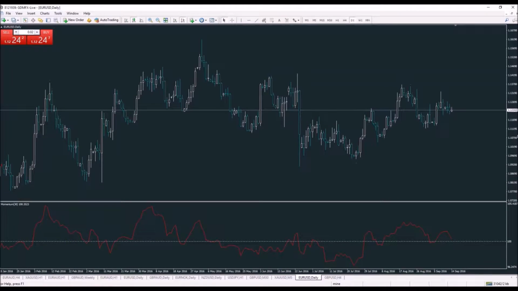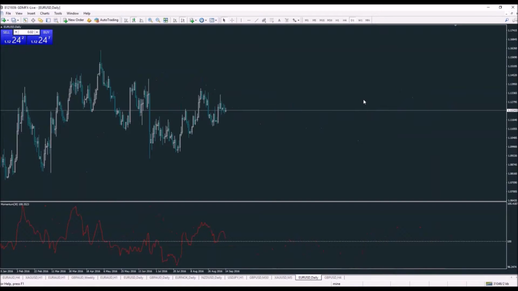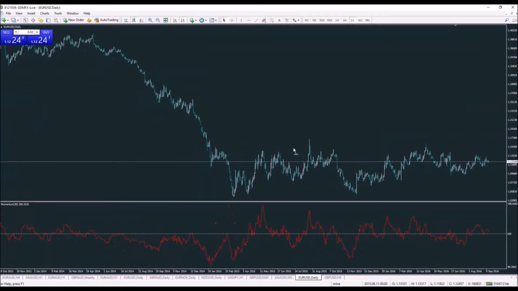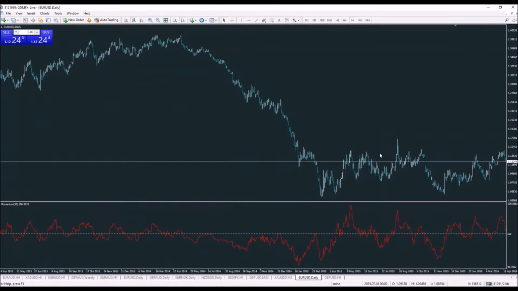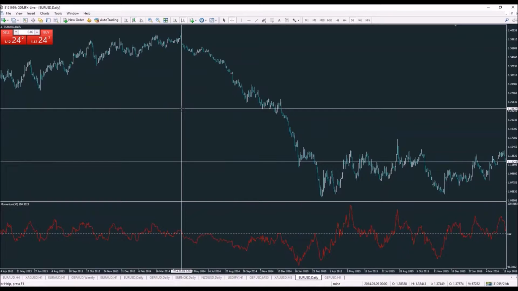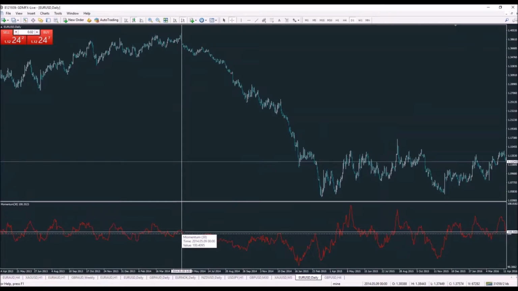As you can see over here, it's a little bit choppy. One more time, if we shrink it a little bit, now we can see that the general trend here, which was to the downside, began over here with the breaking of that 100 level.